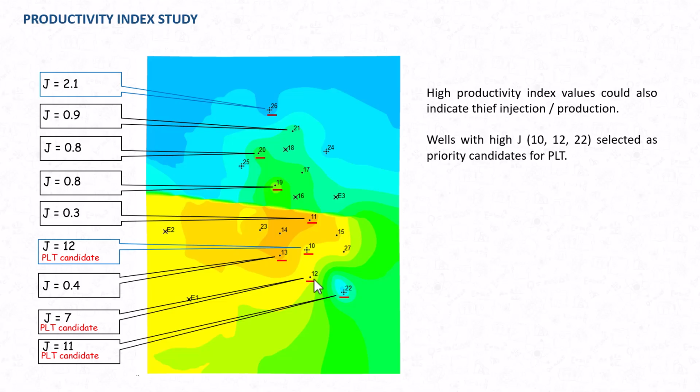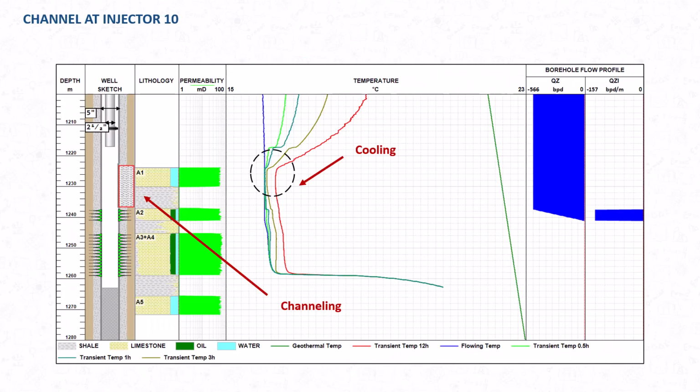And that, in fact, could mean a channel, a crossflow, which could be seen on the cased hole logging plot, which we need to do in these wells first.